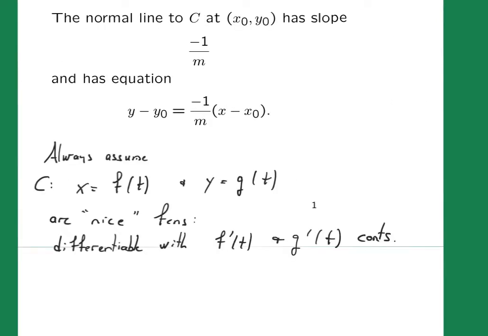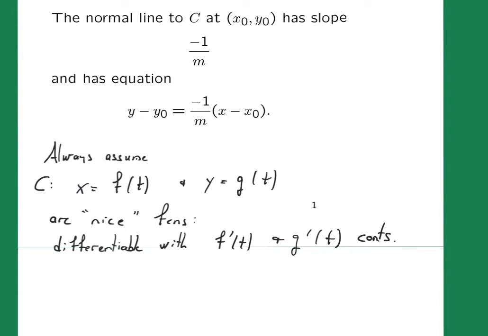One note to make, and this is stated on handout 16 that you'll have downloaded, is that we're always going to assume that our parametric equations are defined by what I have called nice functions. In other words, we're always going to assume that the functions f and g are differentiable, and that their derivatives, f prime of t and g prime of t, are also continuous.